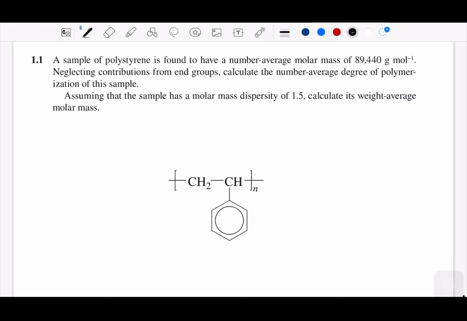But I give you this picture here to imagine or to count the molecular weight from this structure. So we have how many carbons? 1, 2, 3, 4, 5, 6, 7, 8. 8 carbons. And hydrogen, we have 3 here. And how many here?